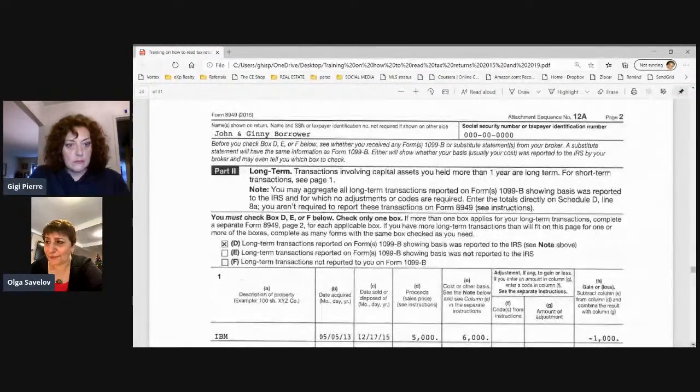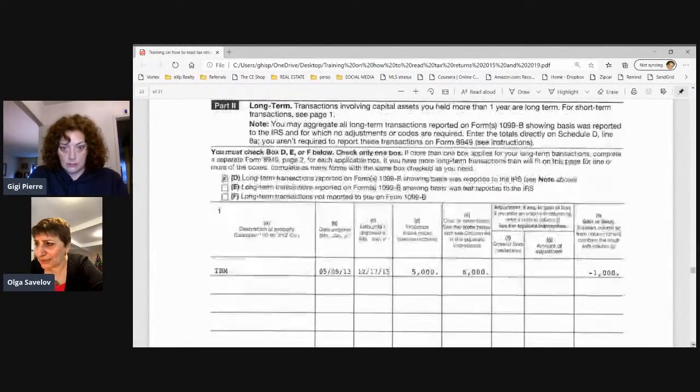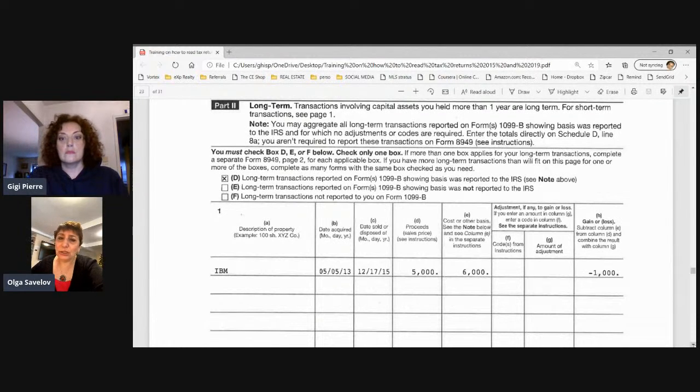They bought it for 6,000, and sales were 5,000, so they lost 1,000. Remember, on the Schedule E, it's not only your rental income; it's also your stocks and your businesses. So the stocks will be recapped over here. And then you're going to go down.